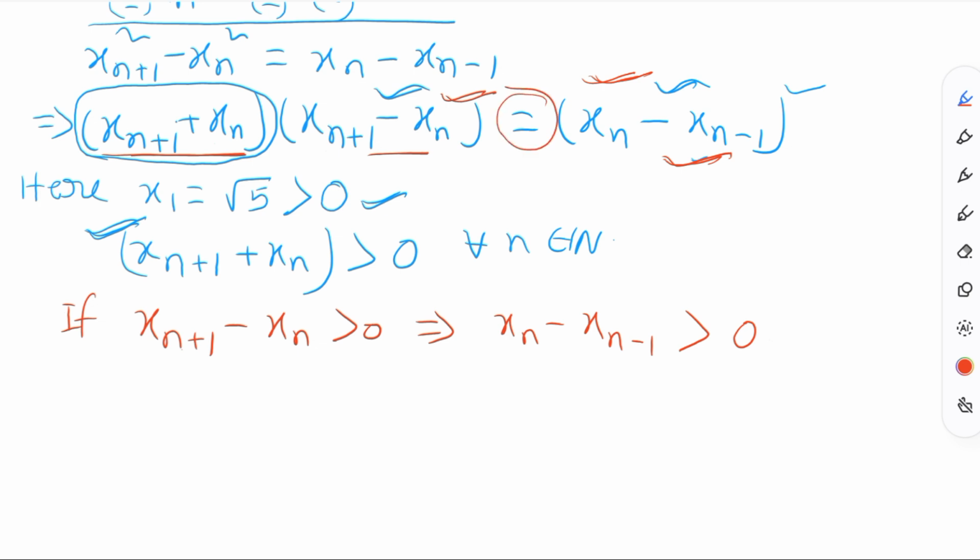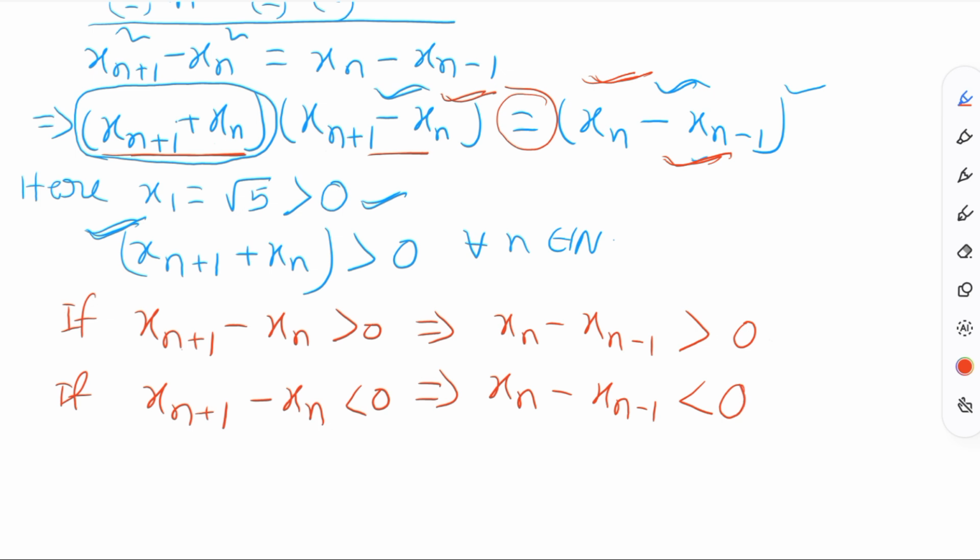That's why I wrote, if xn plus 1 minus xn is greater than 0, it implies xn minus xn minus 1 is greater than 0. Similarly, if xn plus 1 minus xn is less than 0, then xn minus xn minus 1 must be less than 0. Clear everyone, the concept? Because we maintain the equal sign, both sides are equal, that's why.